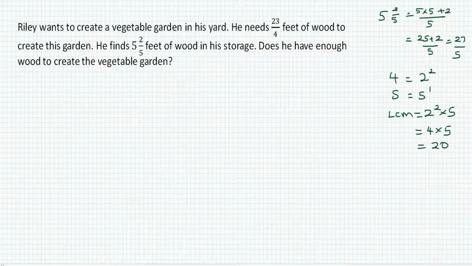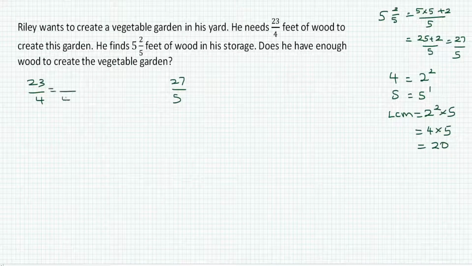So now we have 23/4 here as our fraction, and then we have 27/5. So we're going to rewrite each of these fractions as a new fraction with a denominator of 20. So we're going to multiply 4 by 5 to get 20. So we multiply 23 also by 5.